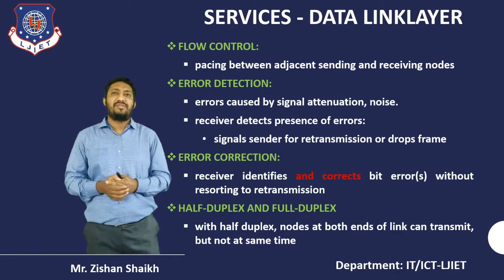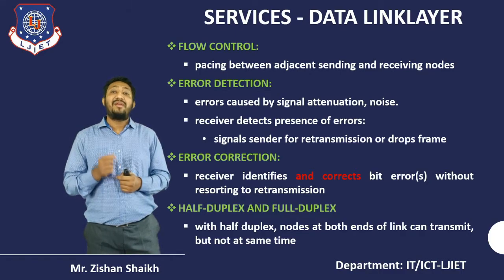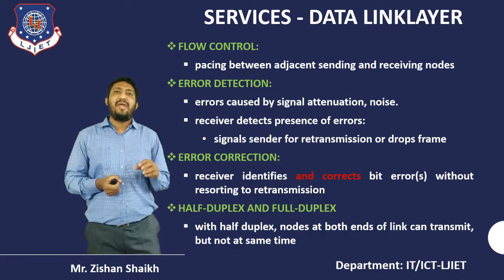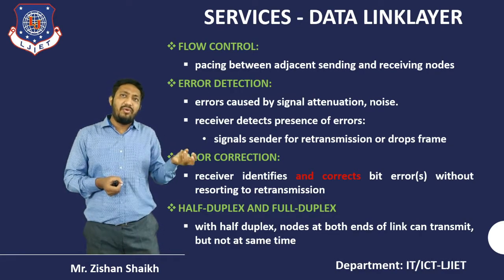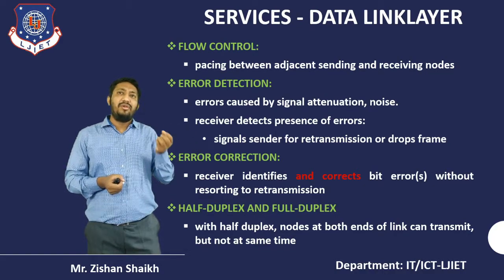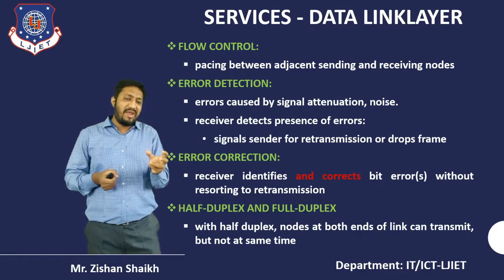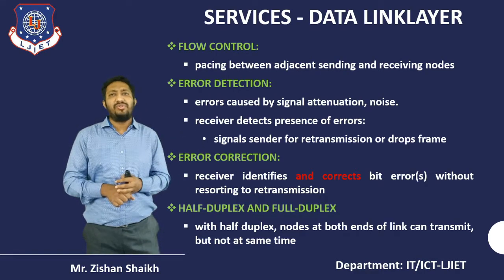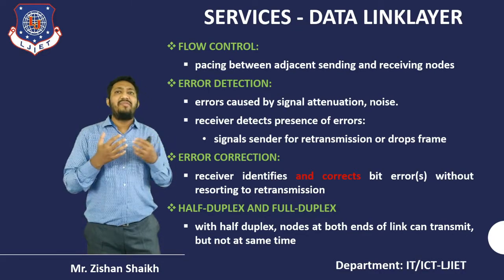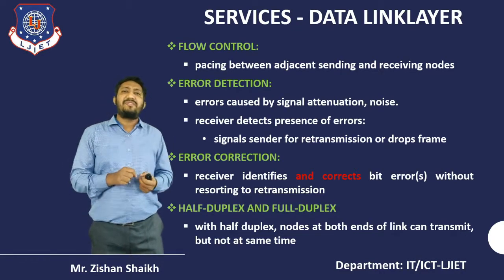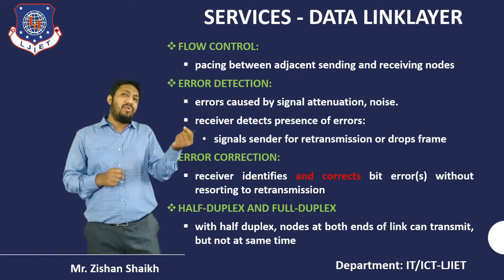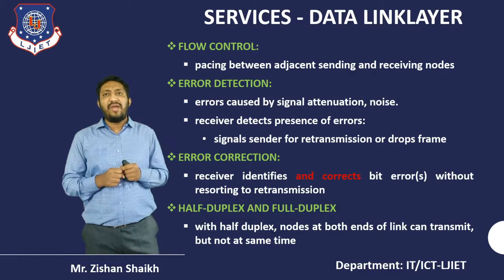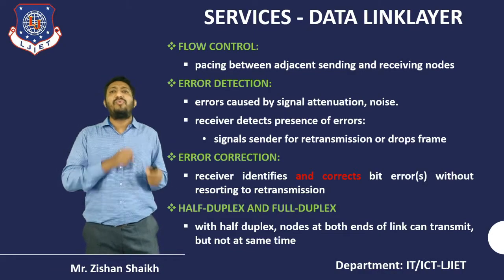Next one is error correction. Error correction and detection methods are used to correct and detect the errors found during the transmission of a frame from source to destination. Errors are caused by signal attenuation, which we can call noise. At the receiver side, if the receiver detects that this is not the data it wants from the source, how will it be identified as noise, attenuation or original data?